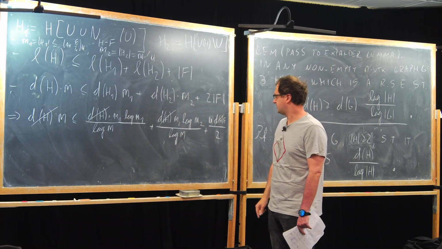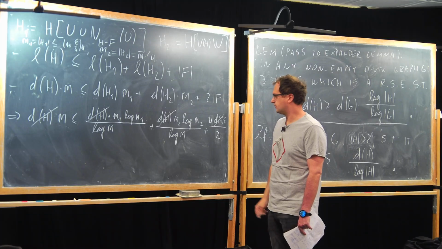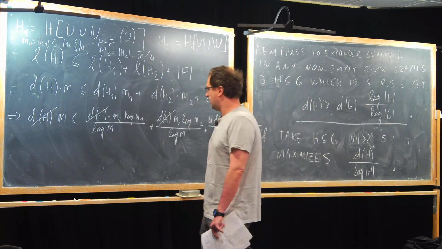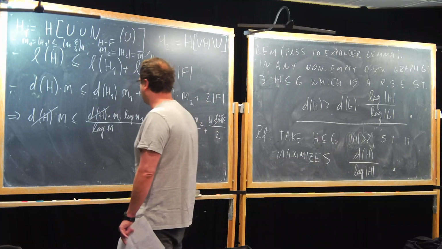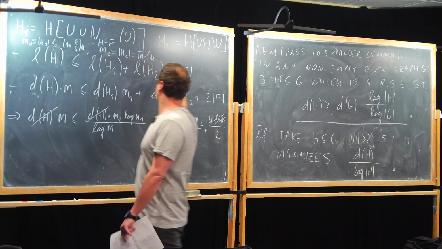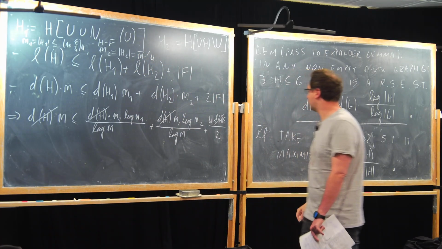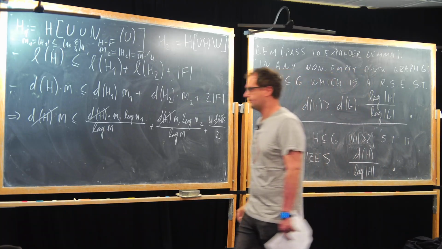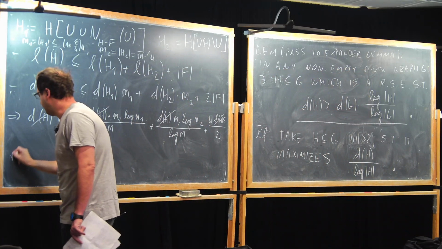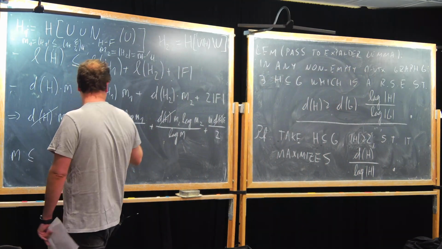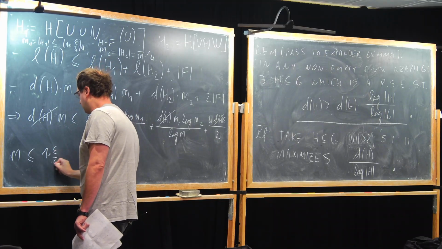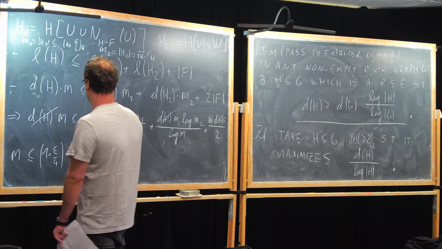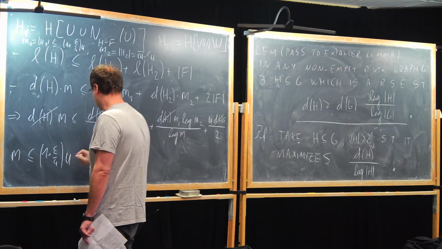Right, and we want to get some better upper bounds on various things that are happening here, so we want to plug in what exactly m1 and m2 are and see what that tells us. So we are getting here that m is smaller or equal than, so m1 was at most 1 plus epsilon over 4 times u, right?